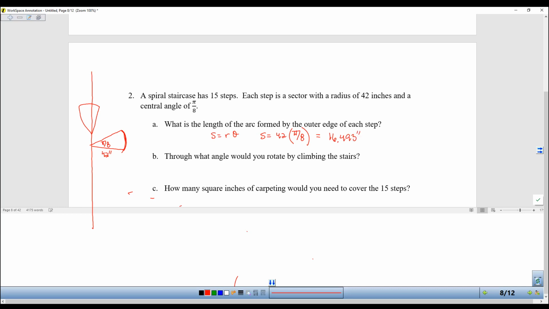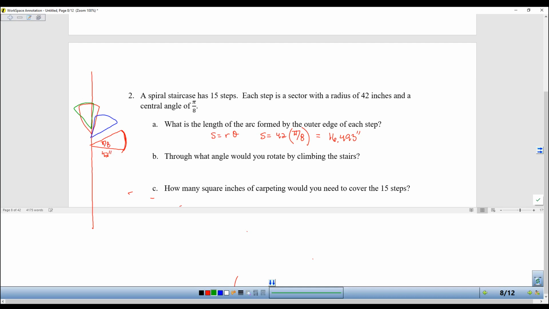Through what angle would you rotate by climbing the stairs? So when you're on this first step, you're going to rotate pi-8. But then the next step is going to pick up where that one left off, but it's going to be higher. And the next one is going to pick up where this one left off.